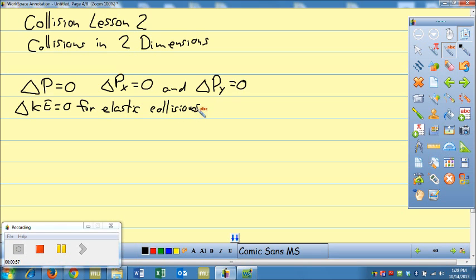That's still the case, because kinetic energy is a scalar, okay? Kinetic energy is a scalar. That means it has no direction. So you don't break it up into components.